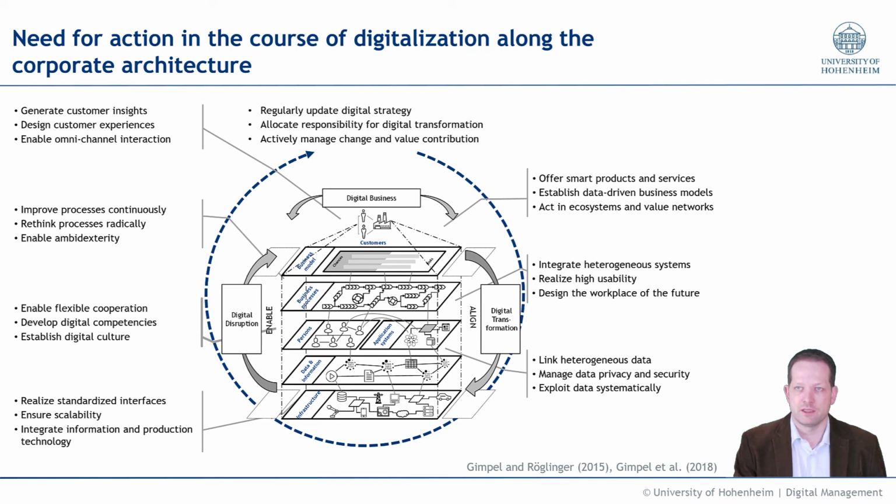And finally, you need to actively manage the change and the value contribution and really measure whether you're making progress in the right direction. So all of this in totality describes much of what we see in different companies across different industries under the term digital transformation.